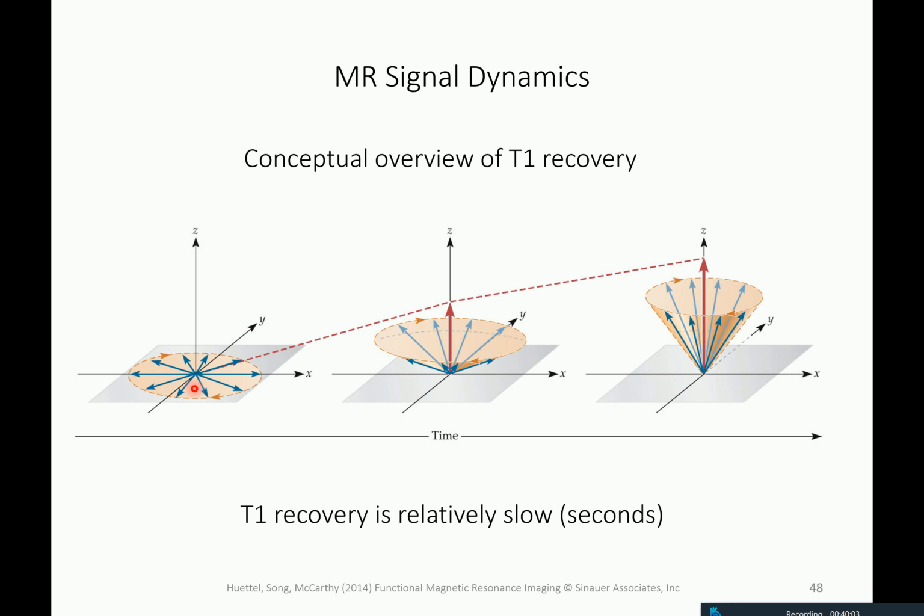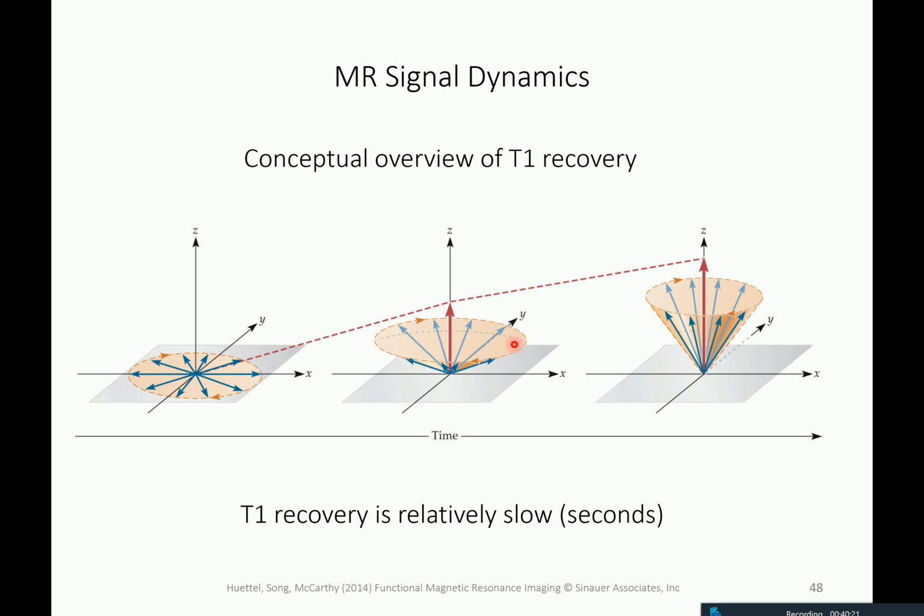The other thing that happens at a longer time scale, but essentially in parallel, is that the Z magnetization gets rebuilt. This essentially is not measured.